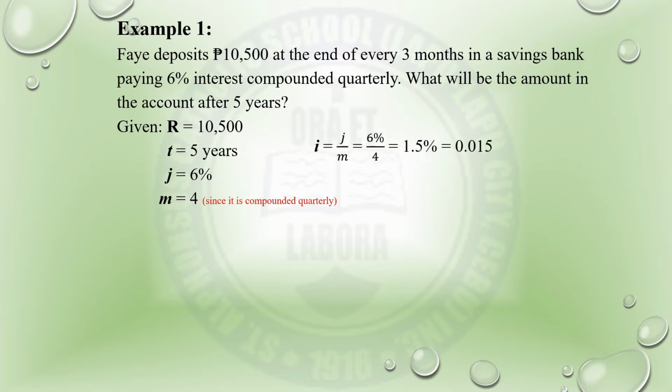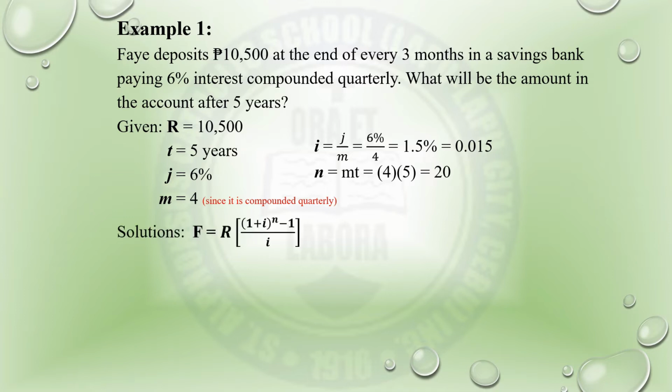So to get the value of I, which is our interest rate per conversion, that must be J over M. Substitute the values of J and M, and that would be 6% divided by 4, and the answer is equal to 1.5% or 0.015. N is equal to MT, which is the total number of conversion periods. Substitute the values of M and T, which are 4 and 5, and the answer would be 20.